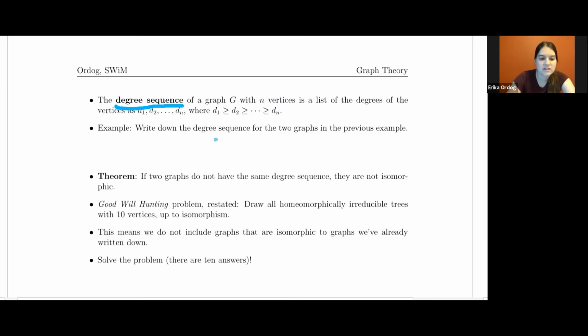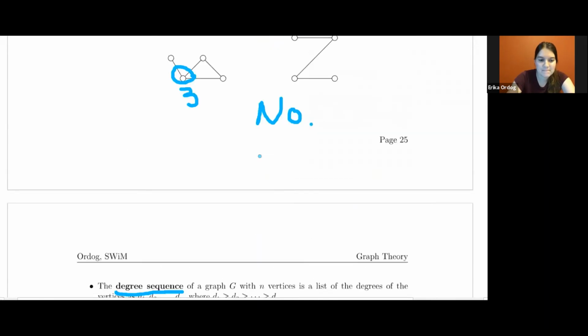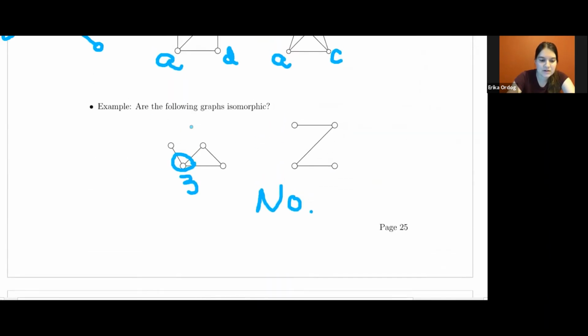So let's write down the degree sequence for the two graphs in the previous example. You can pause and try that first if you think you know how to do it. Okay, so let's look here. We want to list the degrees of the vertices, starting with the highest degree and ending with the lowest, going in order. So in this graph, we have a vertex of degree 3, two vertices of degree 2, and a vertex of degree 1.